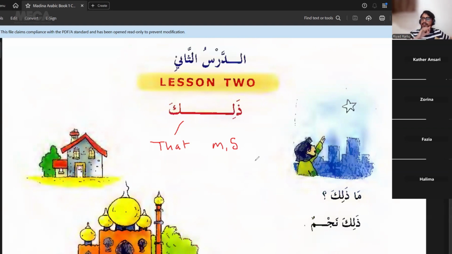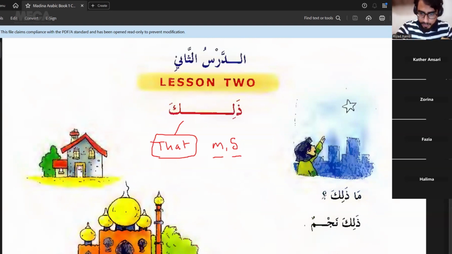There is a separate word for singular feminine, but we didn't get there yet. So dhalika means that, but only for words that are masculine and singular. For example, ma dhalika? What is that?